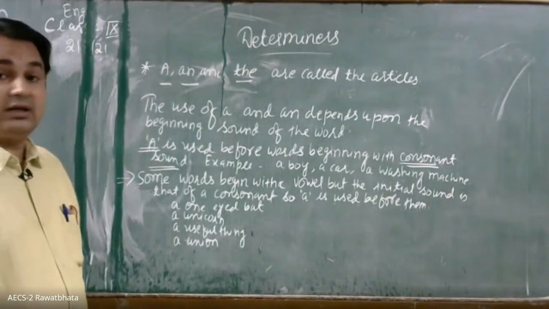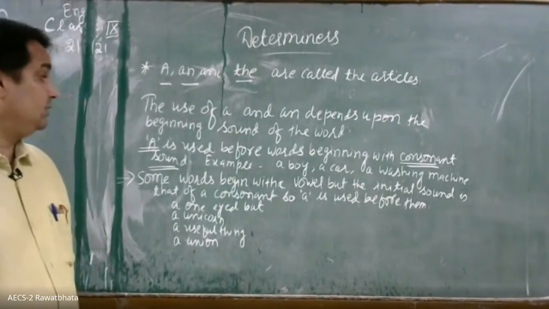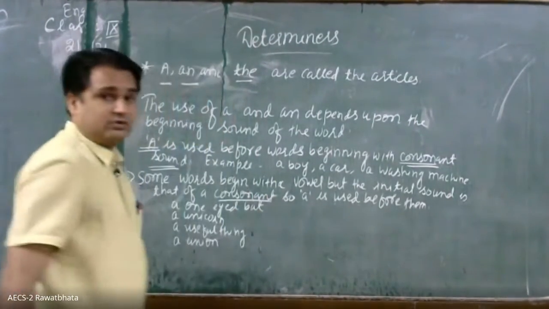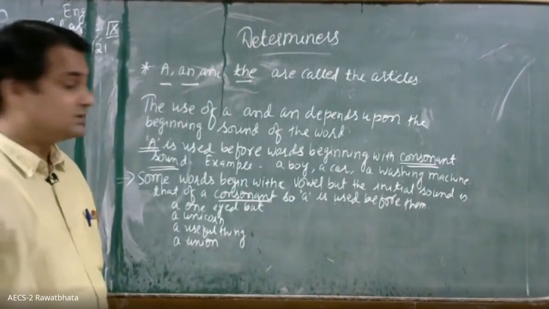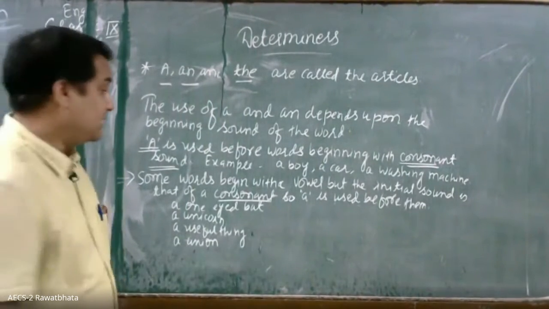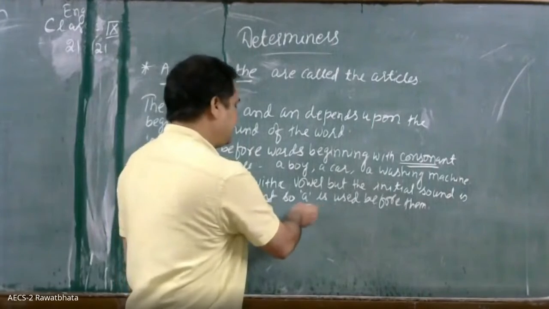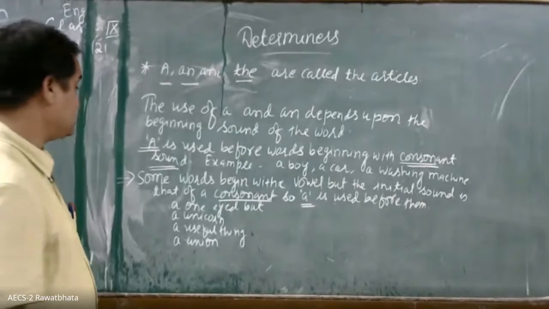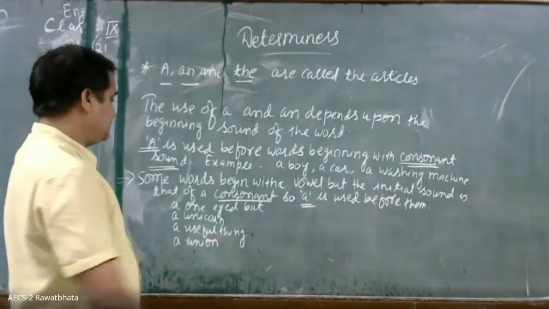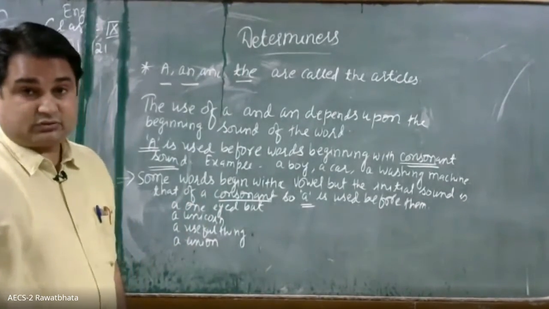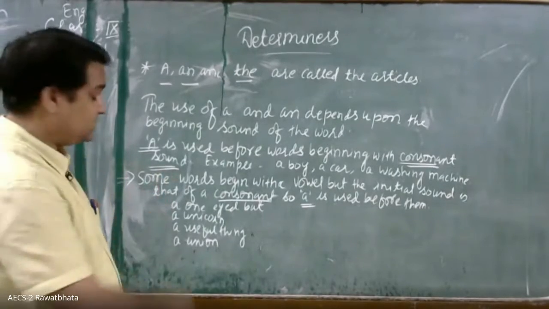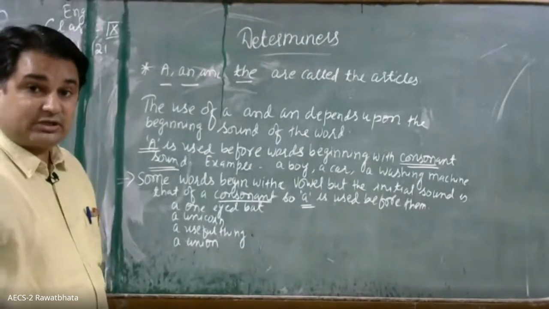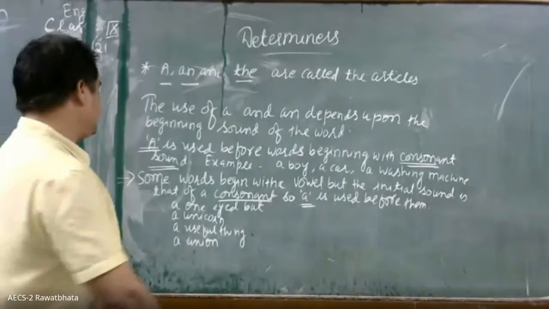Okay, some words begin with a vowel, but the initial sound is that of a consonant. We have to focus on the sound, and the initial sound is that of a consonant. So what is used before them? A is used before them. A one-eyed bat: vowel is the initial letter, but the sound is that of a consonant, so here a will be used.